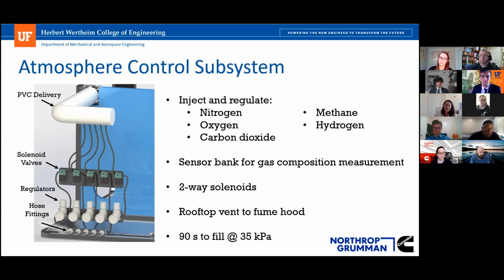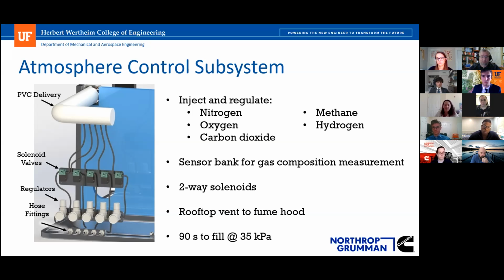The solenoid valves can be controlled based on feedback from the sensor bank for gas composition measurement, which allows a precise amount of gas to be fed into the PVC delivery system and across into the right half of the incubator, which contains the cultures. So it allows us to control the composition of the atmosphere there.